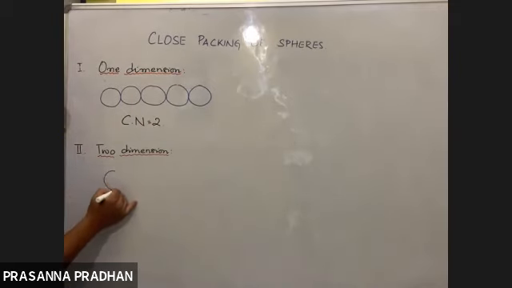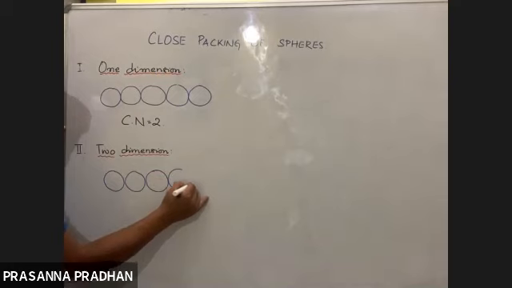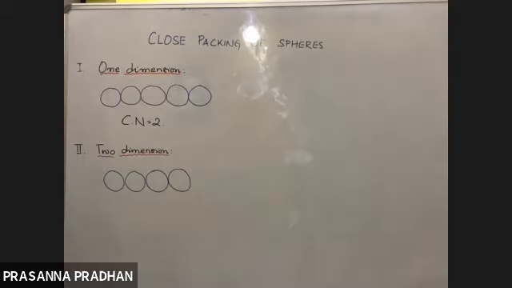I am talking about a sphere out here, not a circle. So I have a layer of spheres out here. Now you tell me, where can you place the second layer of spheres? So there are two ways. One way of placing the sphere is directly on top of this. I can place the second layer directly on top of this.